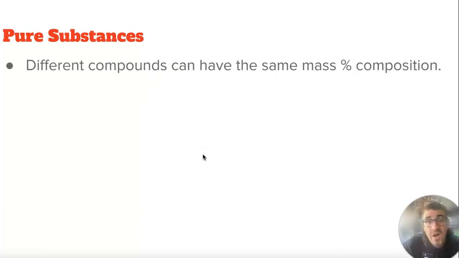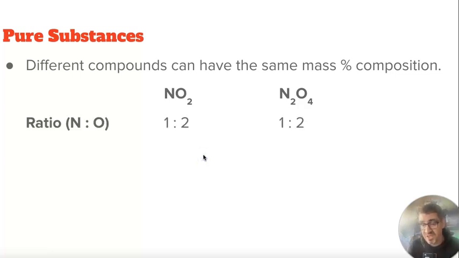All right, so different compounds can have the same mass percent composition, and this is directly related to the molar ratios or the subscripts of elements in a compound. Okay? And a prime example of this is NO2 and N2O4, both completely different compounds. However, if you reduce both of the subscripts to the simplest ratio, they are 1 to 2. Okay?